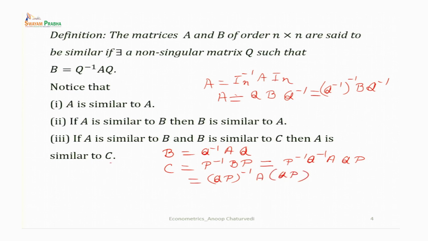So, C is similar to A, because Q P is a non-singular matrix.